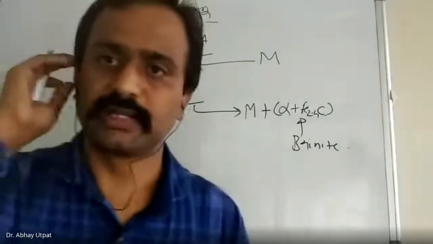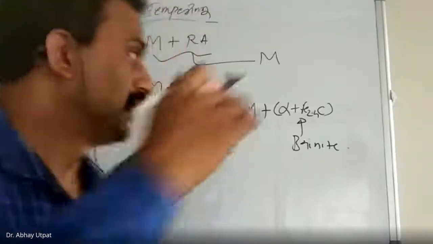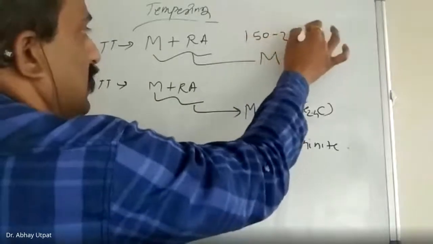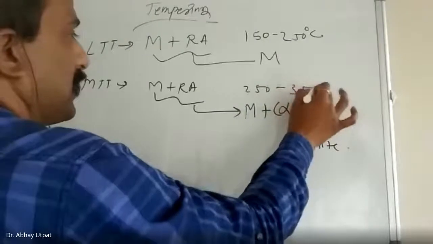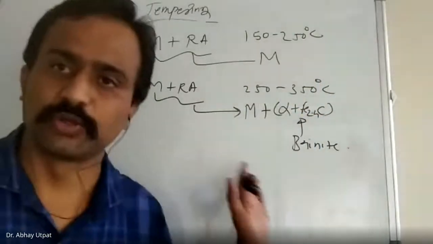Retained austenite is converted into bainite because heating here is 250 to 350 degrees Celsius, whereas for LTT it is 150 to 250 degrees Celsius. This is the bainite zone.